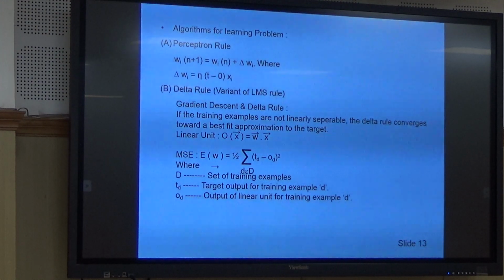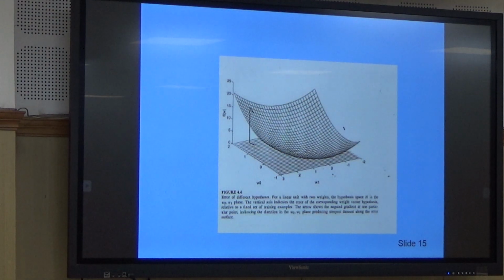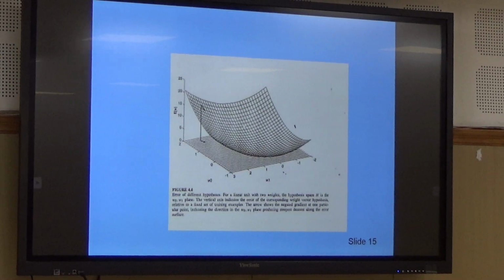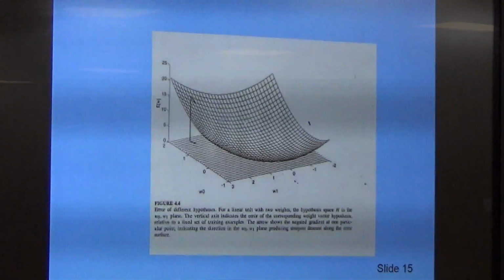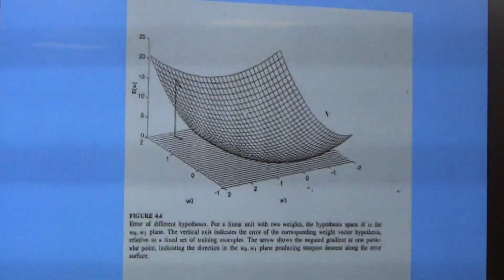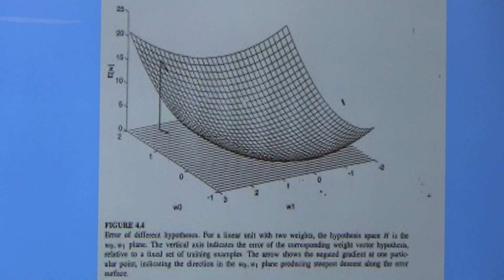Here is the diagram which explains the procedure. We have it indexed by W0 and W1. We have initially chosen some weights W0 and W1. We have some error. Then we need to change the weights so that the error goes down.